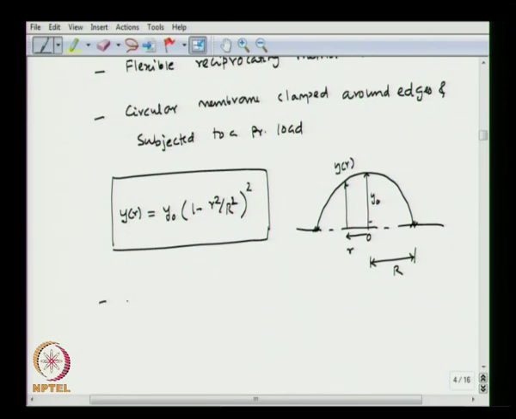We can also establish the relation between the pressure acting on the membrane and the deflection.